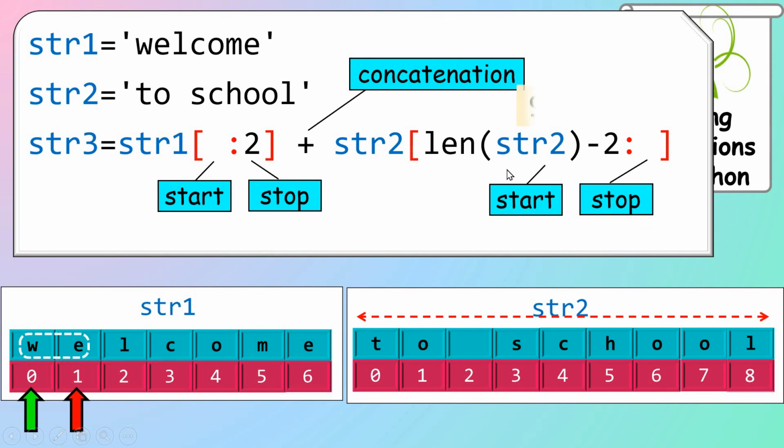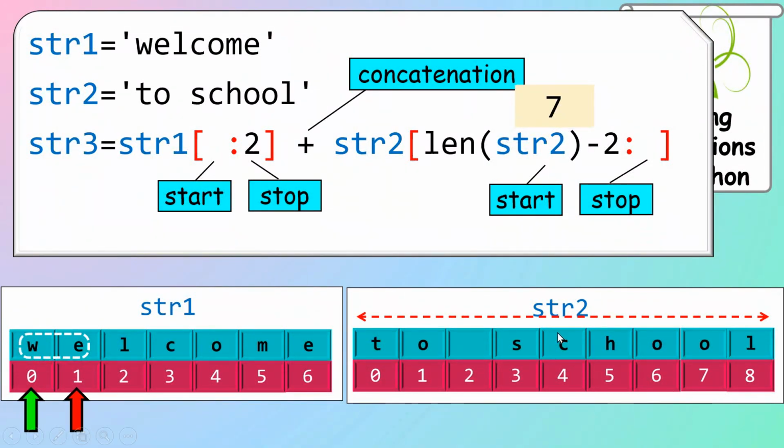9 minus 2. That is the expression of the start index value. So 9 minus 2 is 7. So the value of start index is 7 colon, and the stop value is omitted here. So when the stop value is not given, you have to take the default value, which is the end of the string, that is the last index in the array.